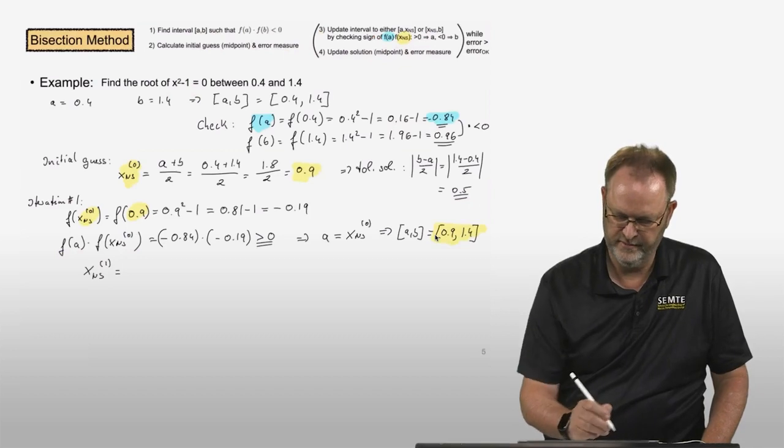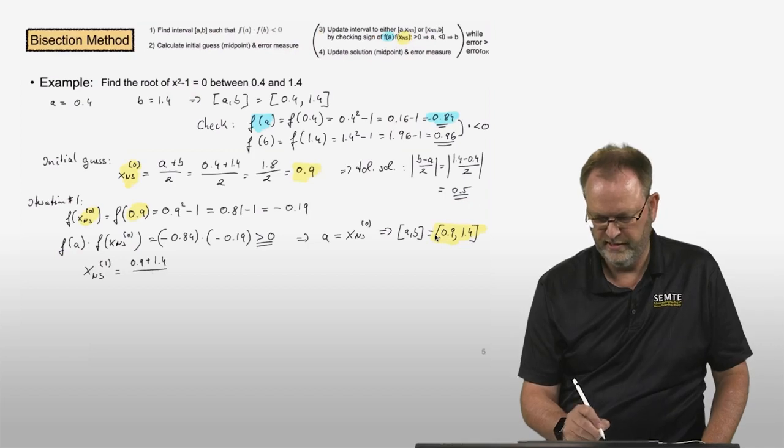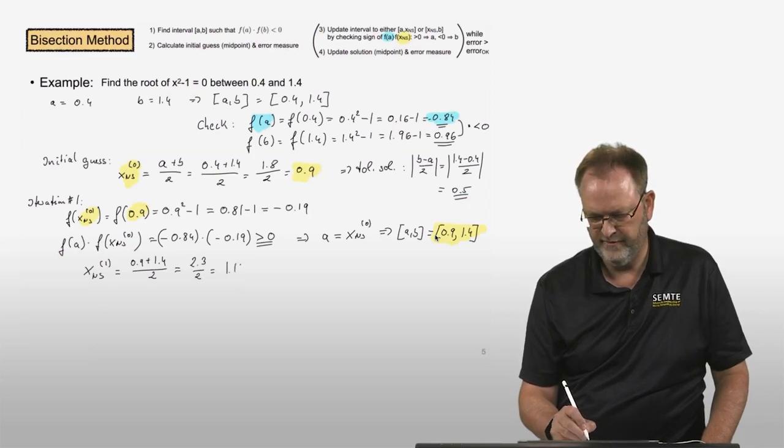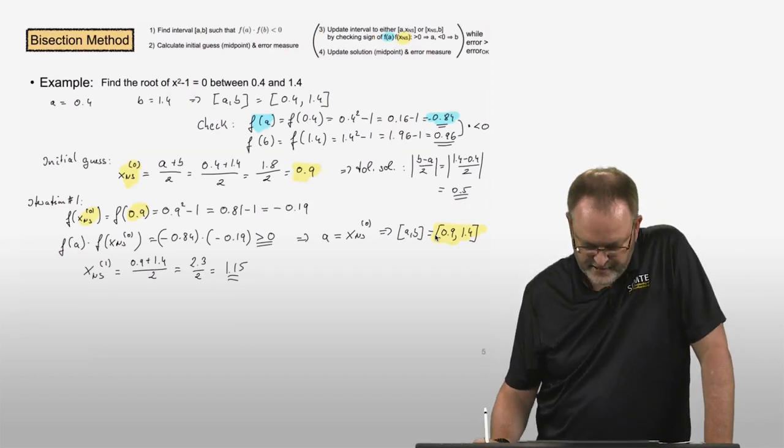Right, so I have 0.9 plus 1.4 divided by 2. That is 2.3 divided by 2. It's 1.15. That is my new numerical solution estimate.